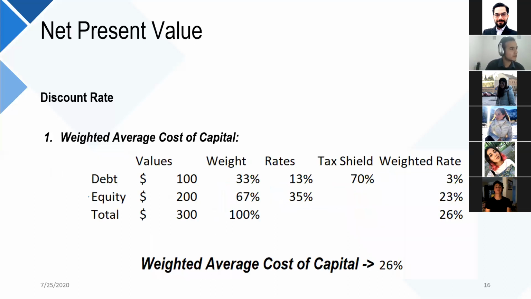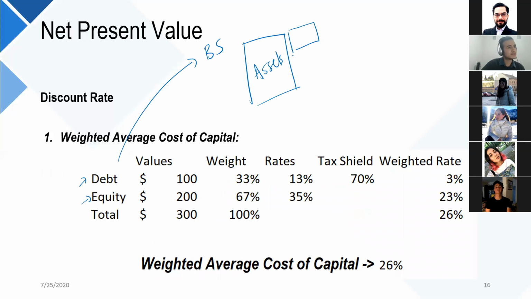Because if you go here, debt and equity, you can remember that these two actually come from the balance sheet. And in the balance sheet, you have assets, all right? And then you have something to pay for the assets, and that is the financing activities: you have debt or liabilities, and then you have equity.